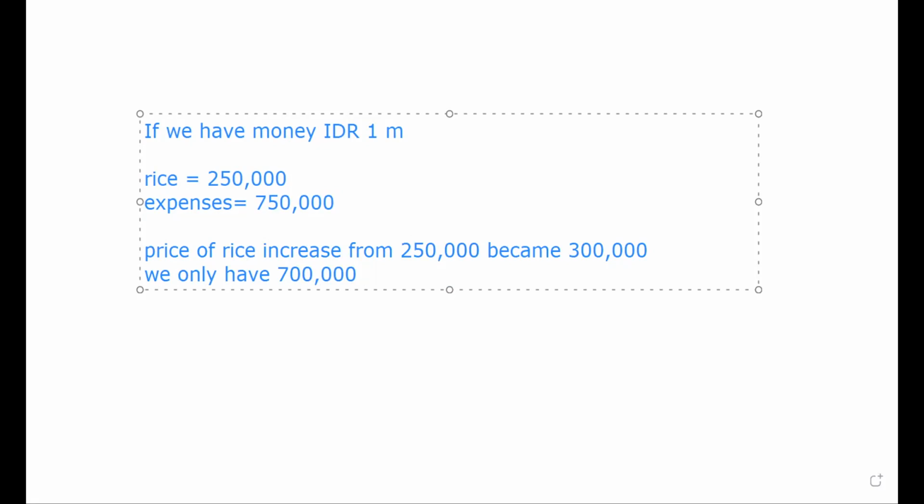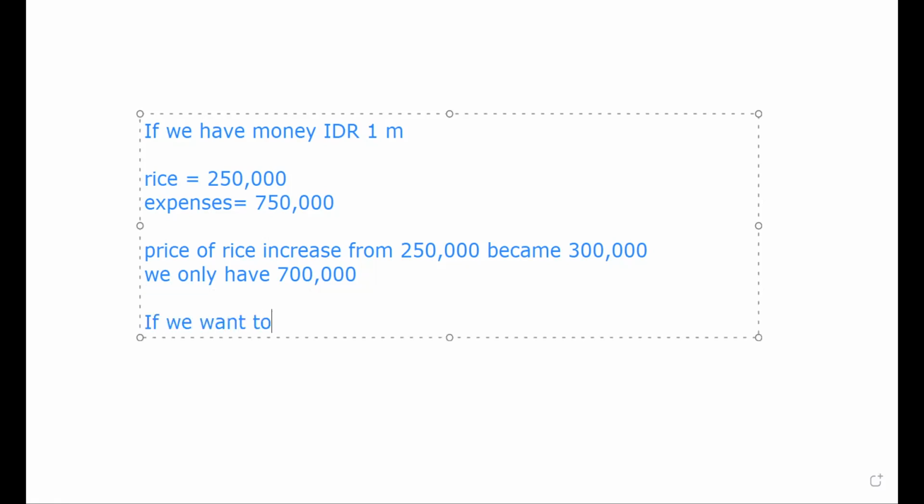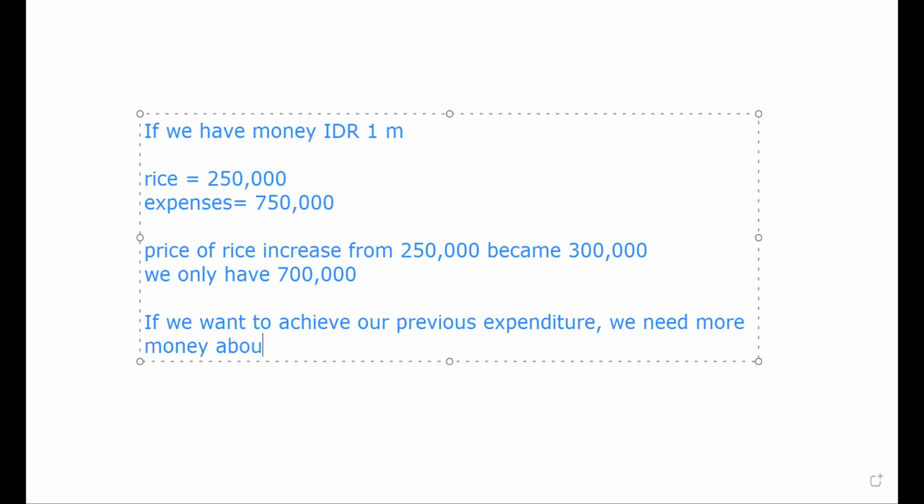If we want to achieve our previous expenditures, this means we need more money, 50,000 more.